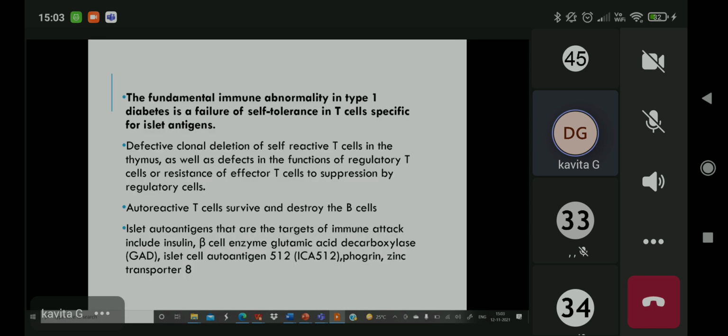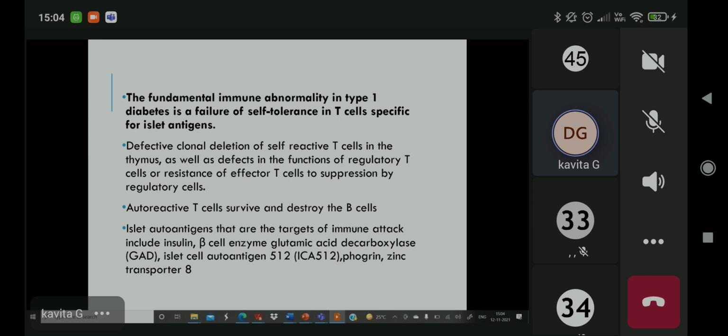Then after that, you can say that the fundamental immune abnormality in type 1 is a failure of self-tolerance. We've already discussed that. Defective clonal deletion. So the faulty cells we cannot remove. So there's defective clonal deletion of self-reactive T cells in the thymus, as well as defects in the function of Tregs. So your Tregs are also defective. The third thing is the T cells that have gone berserk, they are surviving.